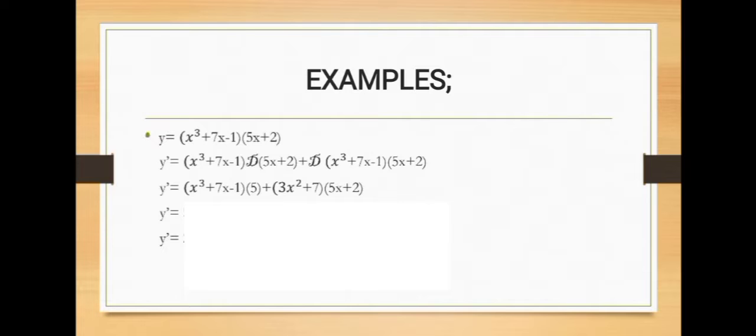So let's solve the equation. y prime is equal to, copy the first term and the derivative of the second term. You can recall some rules from our previous video on the sum rule. The constant rule says that any constant is equal to 0.